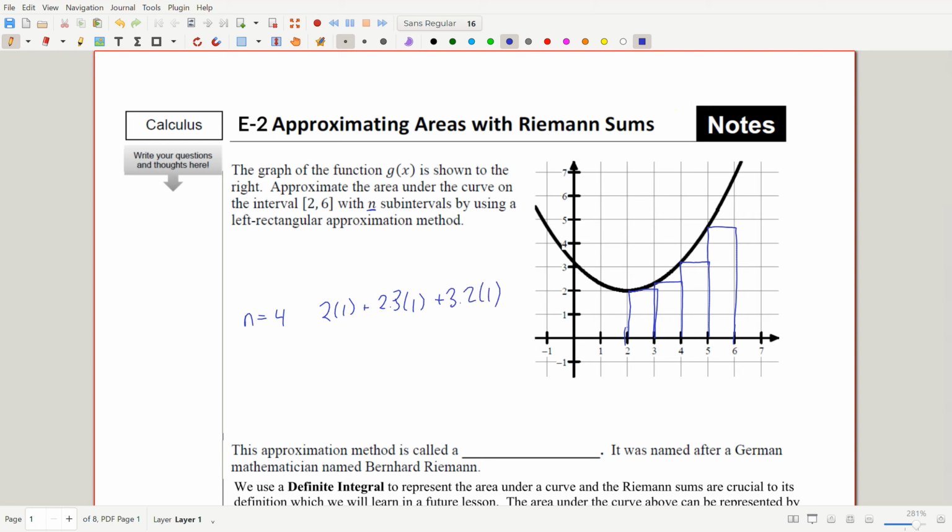And then finally, our fourth rectangle has a height of 4.6. Yeah, that's what I would say. So adding those up quickly, it looks like we have 5.5, 7.5, and then 11.5, 12.1.